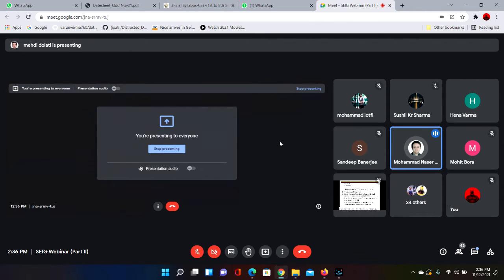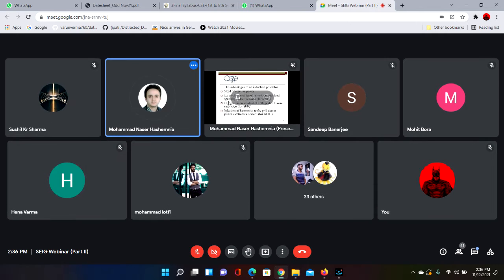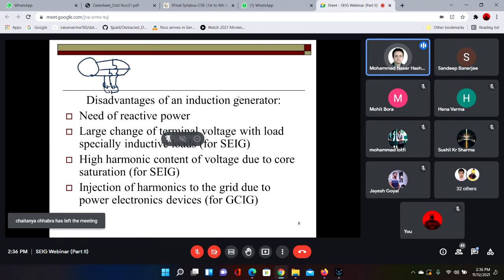The capacitors will not generate any reactive power. Then there will be no voltage buildup, and this current will not be too high.